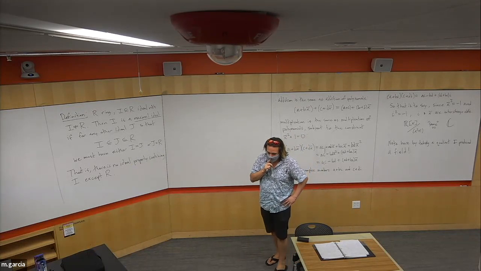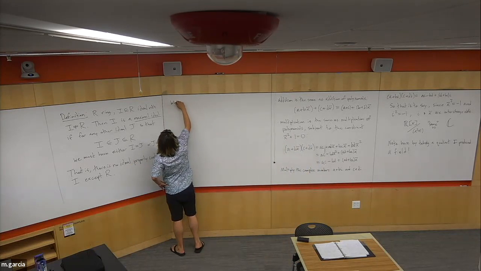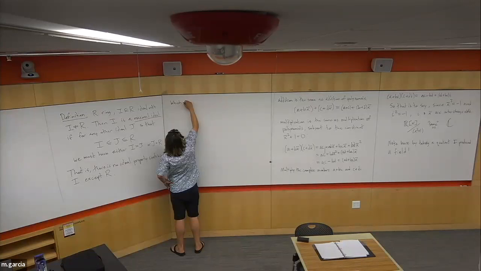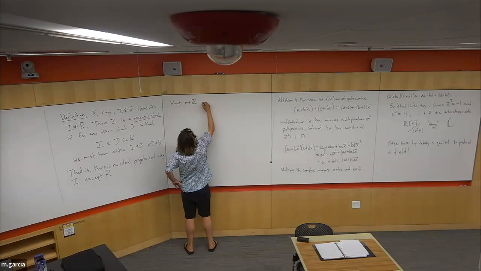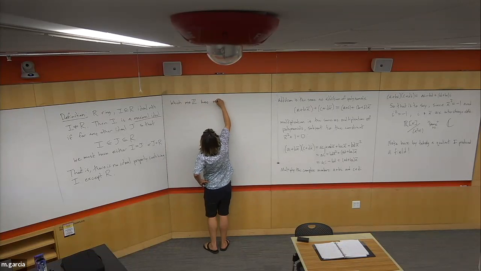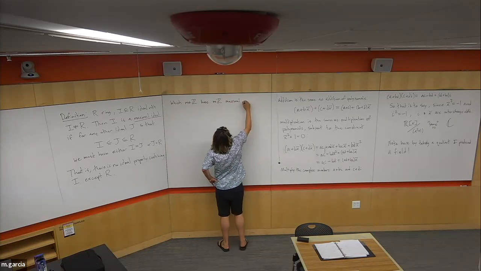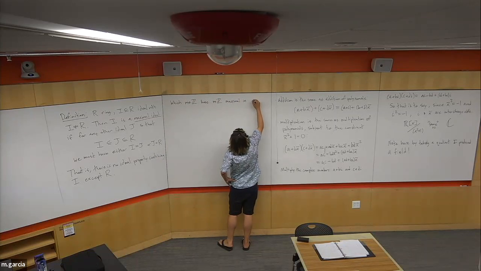Not quite. Let's write this down. Which integers M have MZ maximal in Z?